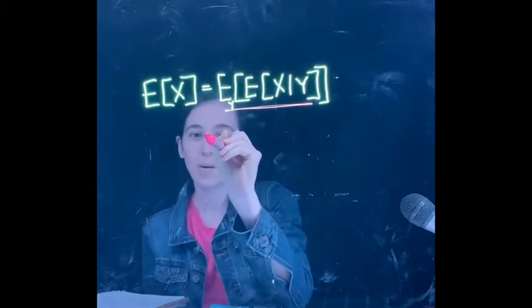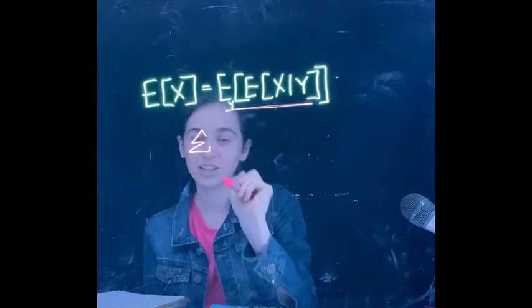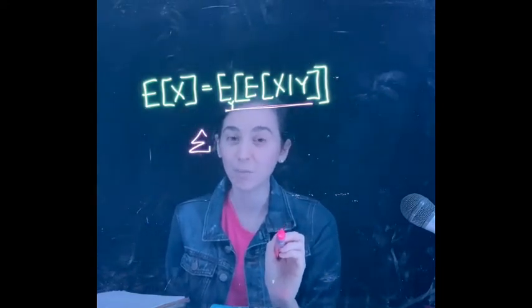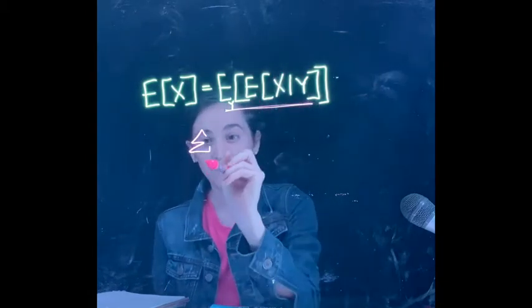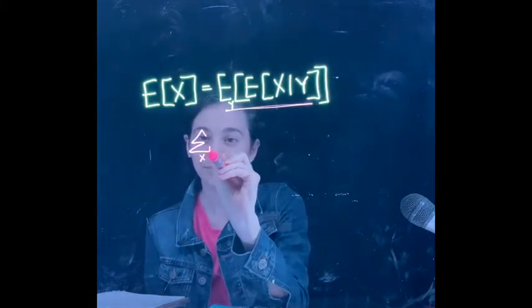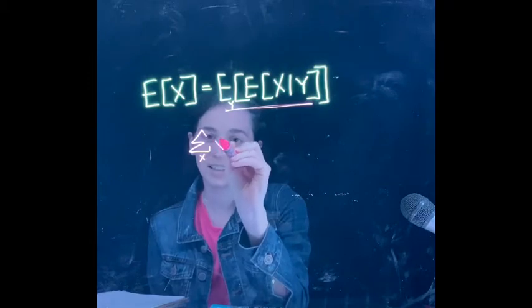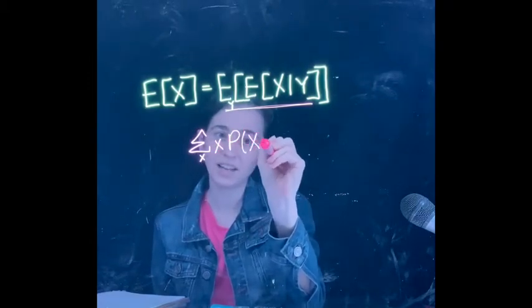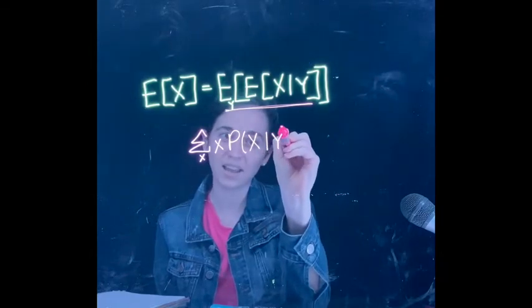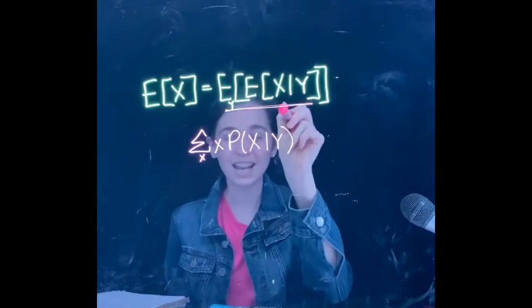From what we know about expectations of discrete random variables, the expectation of x given y is the sum over x of x times the probability of x given y. Okay, that's the inside part.